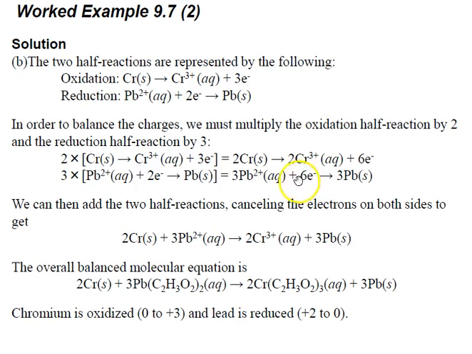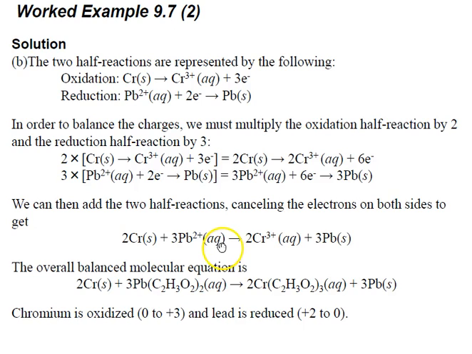Now if we put these half reactions back together, how you'll put them back together is take the left side of both reactions and combine it into an overall left side, and take the right side of the reactions and combine it into an overall right side. When we do this, we get 2 parts chromium, 3 parts of our lead ion, and then we don't see it, but you're going to notice why in a moment, you'd have your 6 electrons.